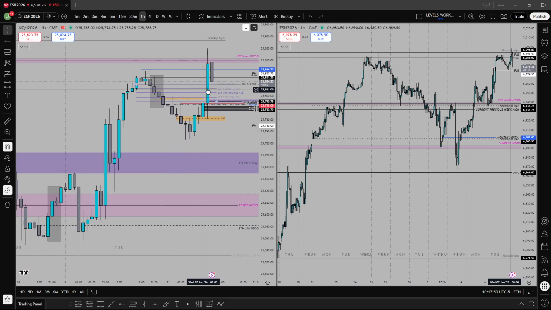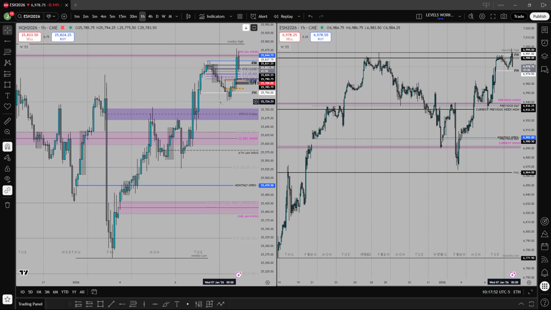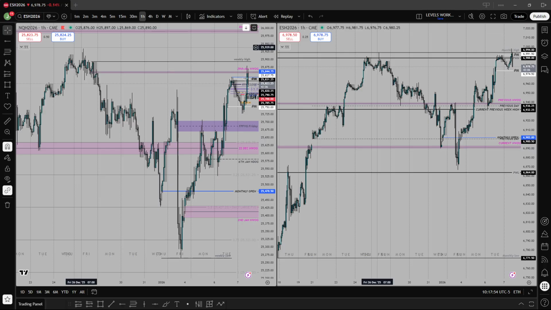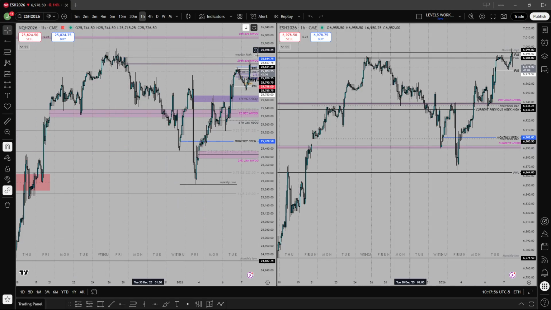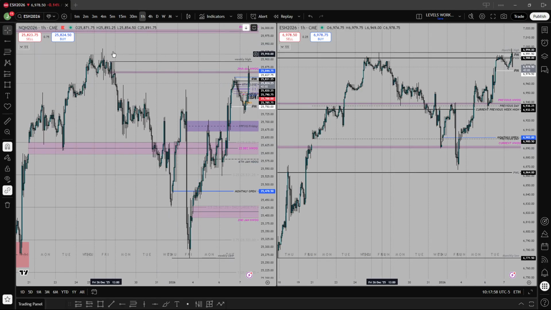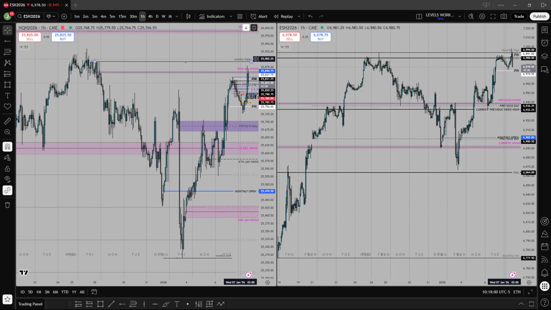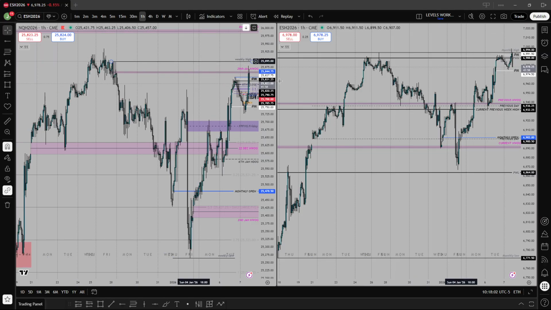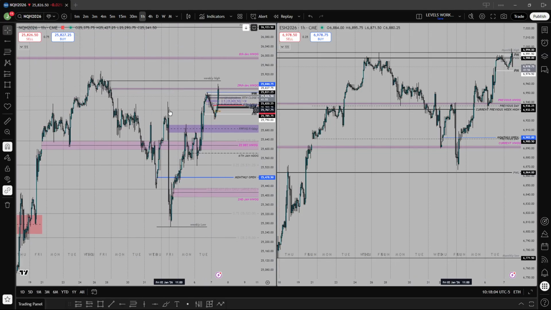Little sell-off is important because there's an SMT right now with NQ and ES with these weekly highs and the monthly high too.